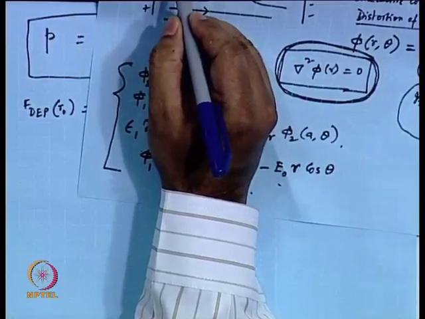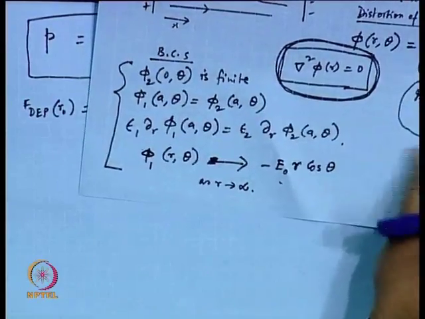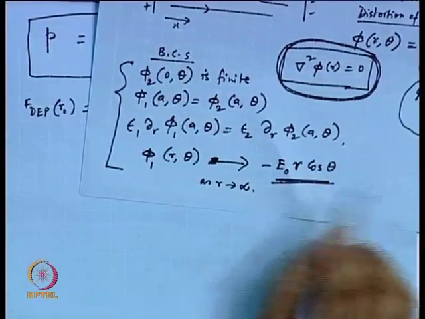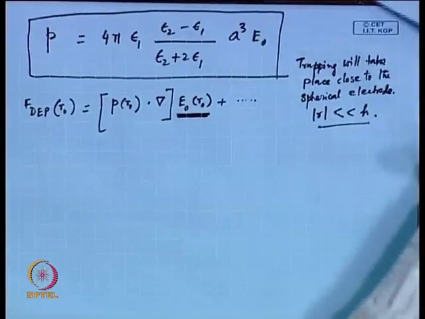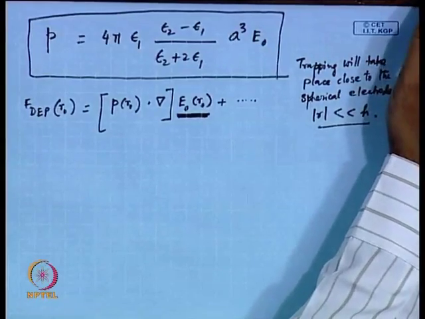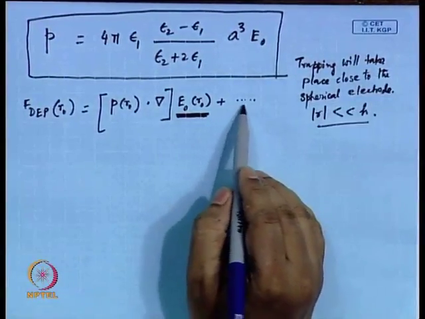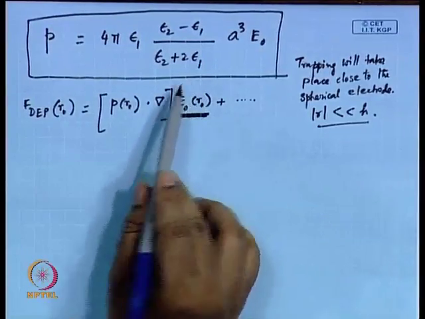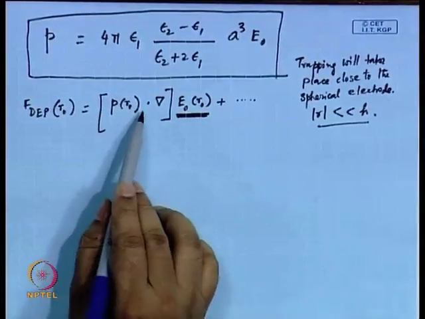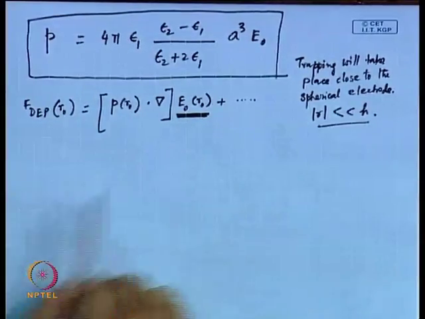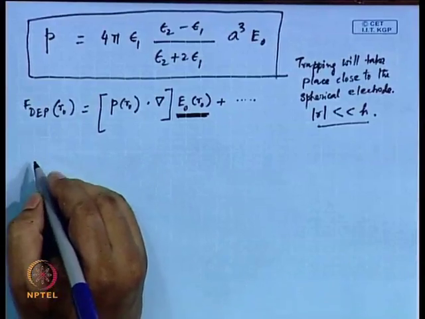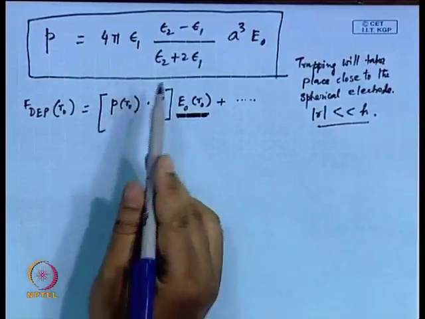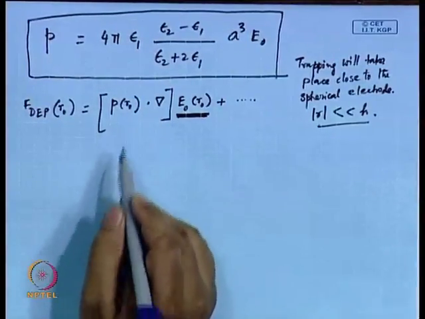So, basically this was the E0 term. You remember this was the unperturbed electric field line. Ideally, I do not think you can write this in terms of E0, so there should be other higher order terms which you are not considering in this process. So, you are only focusing on P of R0 dot delta E0 of R0, and then you are bringing in the expression for P inside.